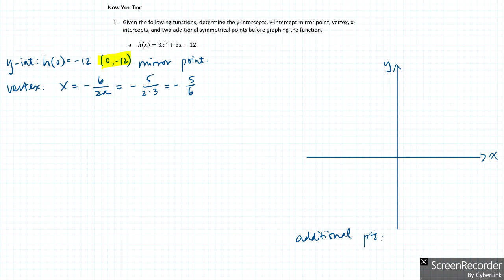Now that we know the x-coordinate for the vertex, we can find its y-coordinate by plugging into the function. Since we have a fraction, you can expect the numbers to be a little bit messier, but that's fine for the process. We are just going to be careful with the calculation, but otherwise we know the steps to evaluate a function.